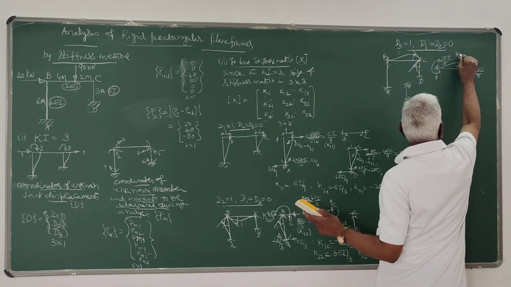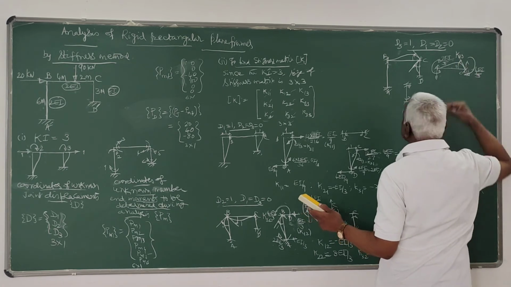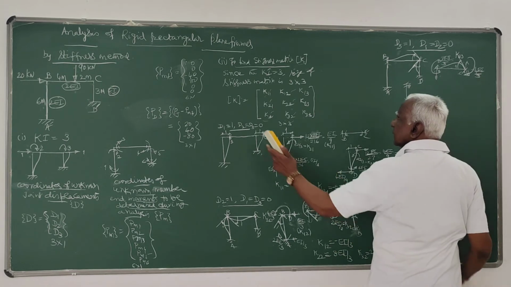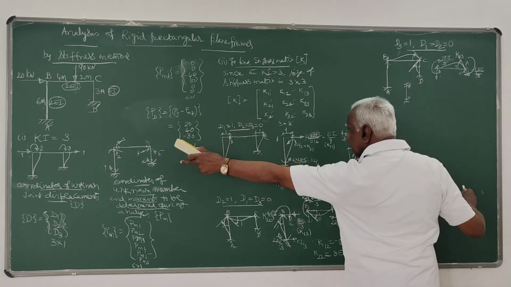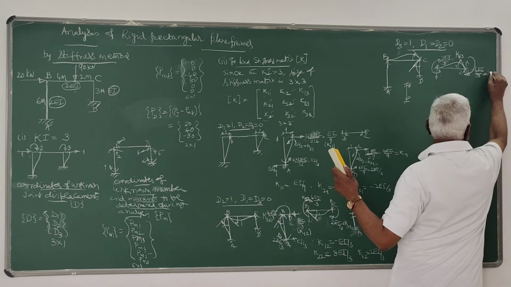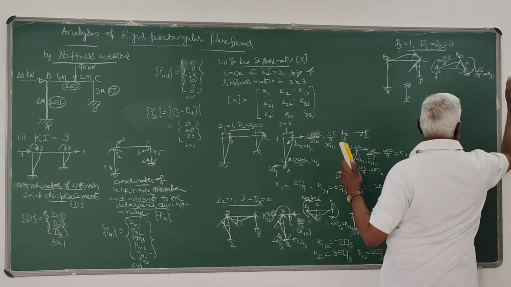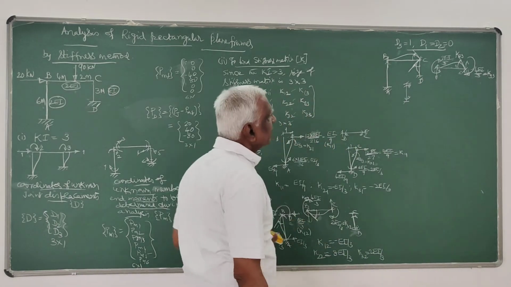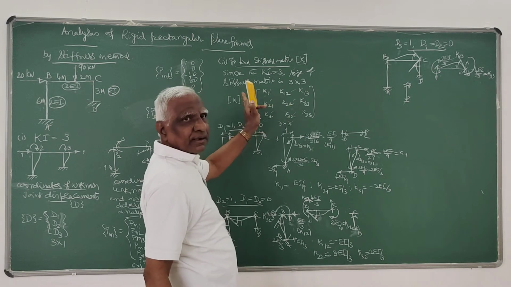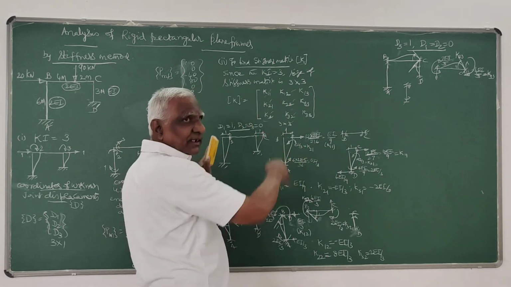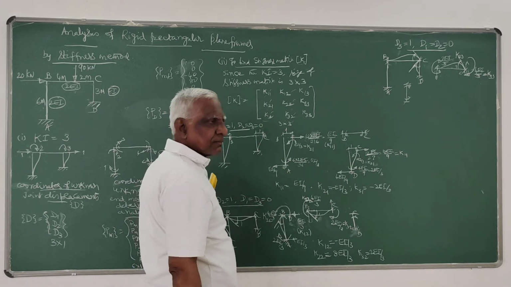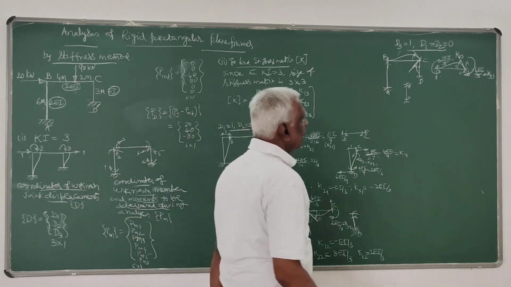Therefore this is K23. And this is the force developed in the direction of 3 when unit displacement is given in 3, so this is K33. That's the notation we are following: Kij, where i is where the force is developed and j is where the displacement occurs, as per the coordinates.